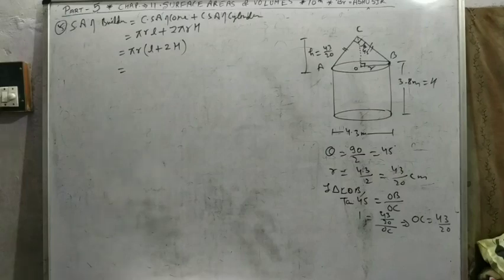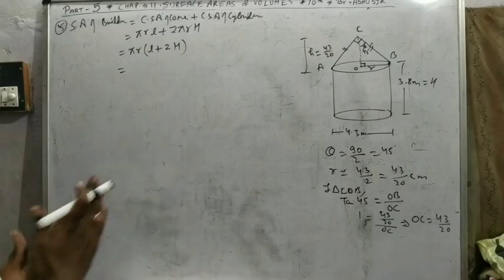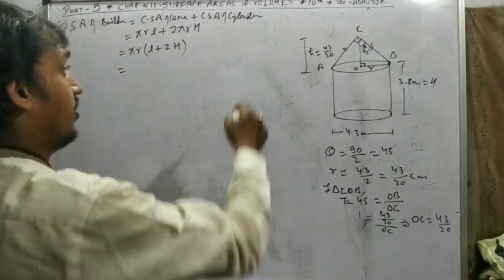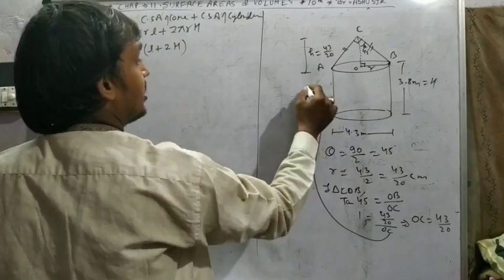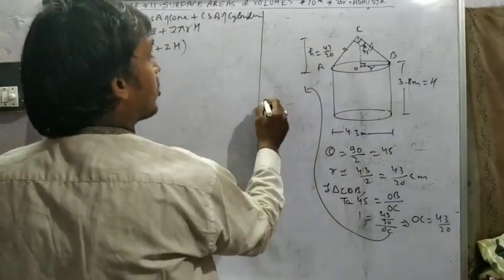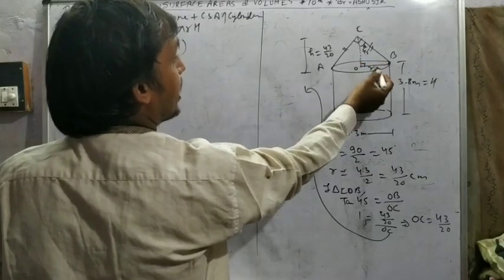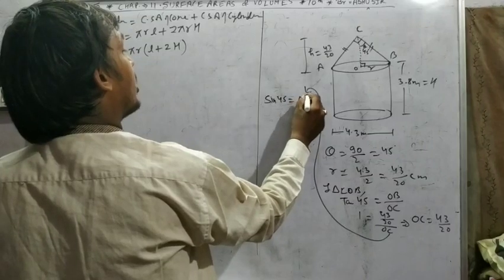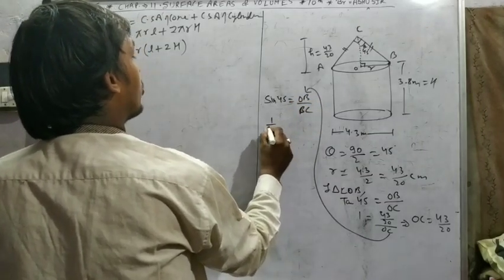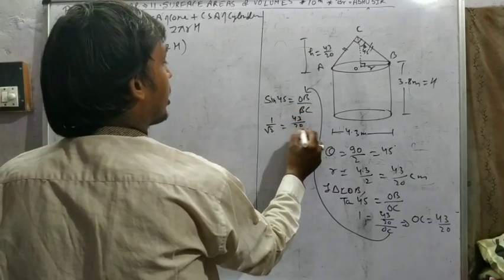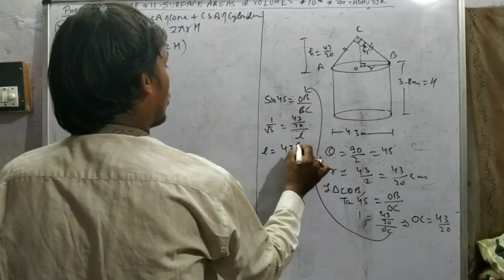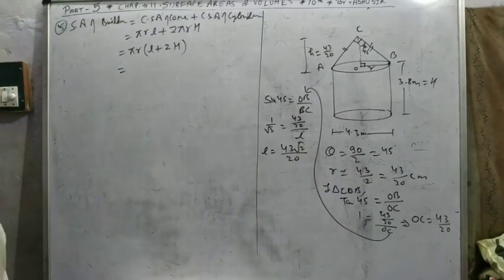So first we find the value of L. You can find L by using a trigonometric function in the same triangle, where we know perpendicular and base and want the hypotenuse. Sin 45 is perpendicular upon hypotenuse, 1 by root 2 is equal to OB, 43 by 20, upon BC, and BC is slant height L. Cross multiply: L equals 43 root 2 by 20. That is the slant height of the cone.